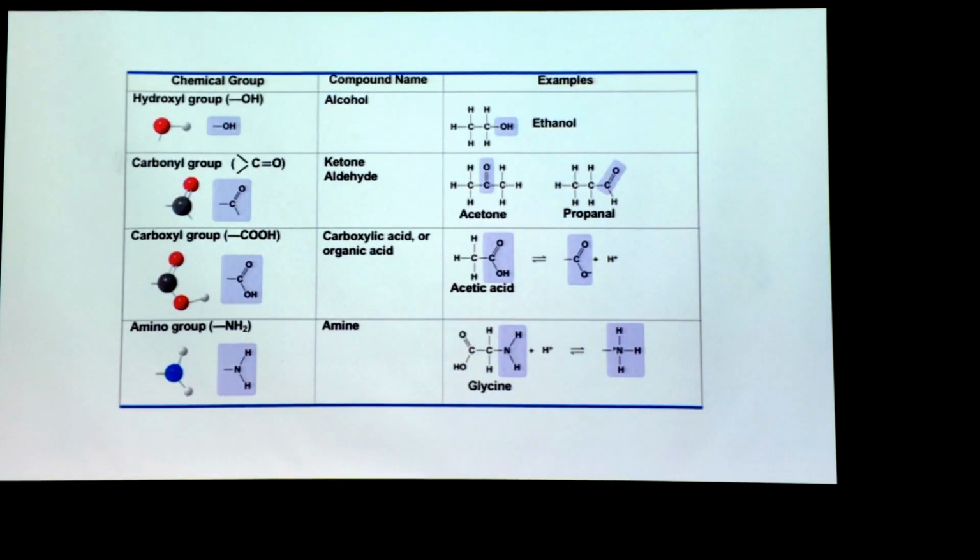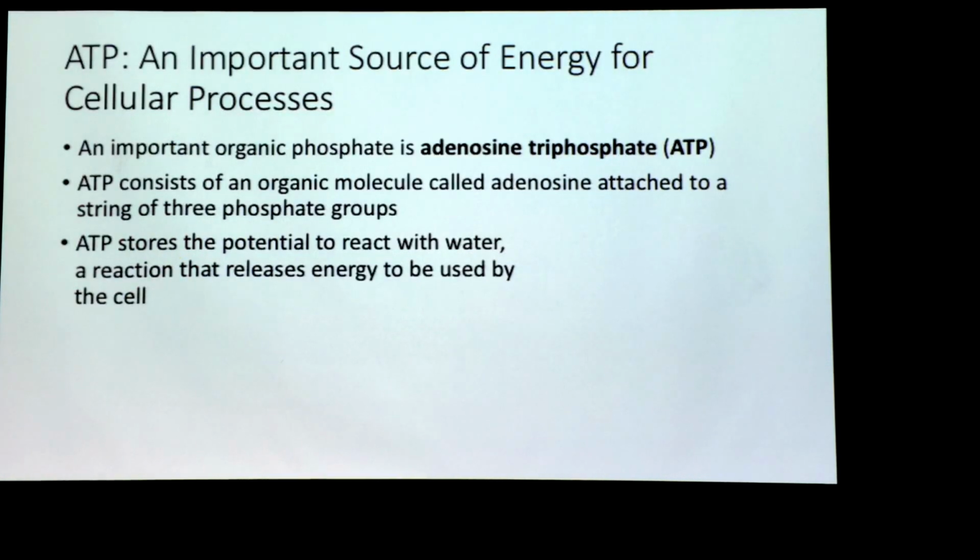Here they are zoomed in. Okay, ATP. We hear that a lot, and you'll hear that a lot in the future. Adenosine triphosphate. Adenosine is a part of this molecule. It's a purine, adenosine.